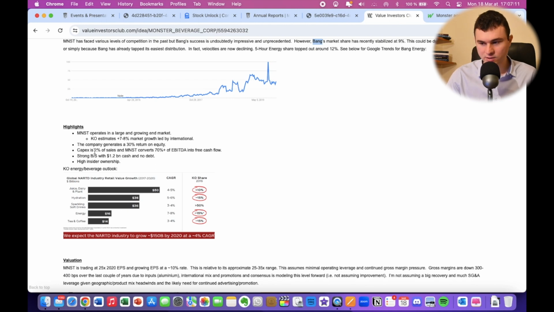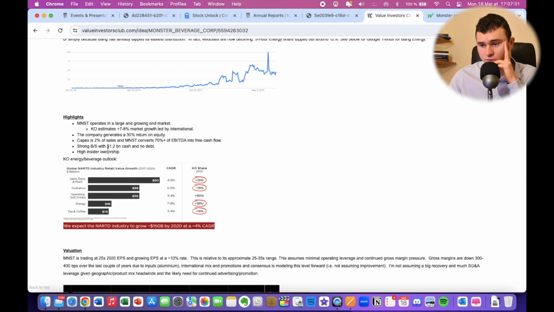So capital expenditure is very low, and Monster converts 70% plus of EBITDA into free cash flow. So strong free cash flow generation. Strong balance sheet with 1 billion cash and no debt. Well, this is to be updated for 2024 right now. High insider ownership. I don't like what I see. High insider ownership.